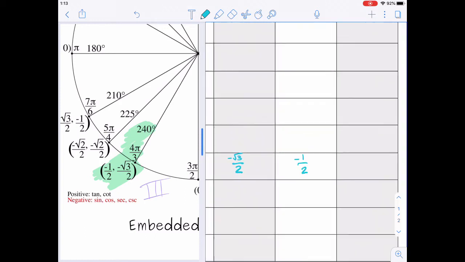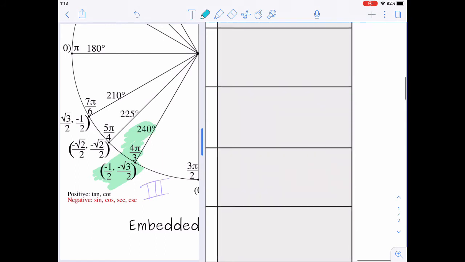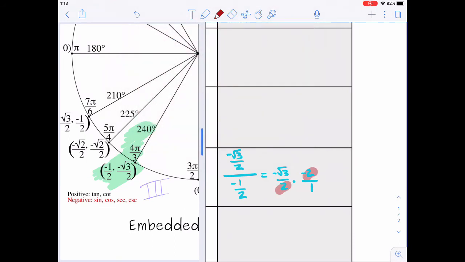The last one it asks for is tangent, which is y over x, or sine over cosine. Y is negative root 3 over 2 divided by x, which is negative 1 over 2. Instead of dividing, we multiply by the reciprocal, so we're going to flip negative 2 over 1. Those 2's are going to cancel, and the negatives are going to cancel, and so we just get root 3.